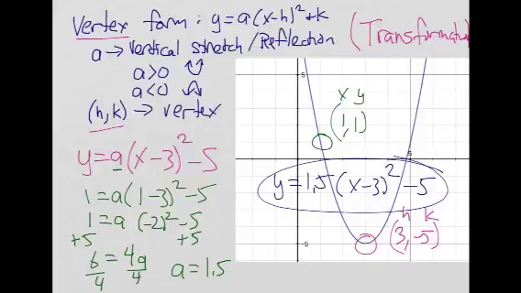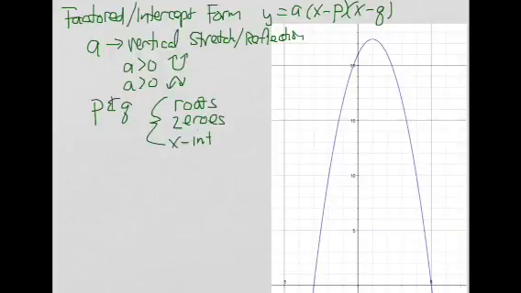Now let's look at intercept form. This form, we sometimes call it factored form. We call it factored form because if you look at the equation, it's in factored form. We're multiplying 3 factors together to get our equation. But we also call it intercept form because those values of p and q are my 2 x-intercepts. Sometimes we call them zeros, sometimes we call them roots.